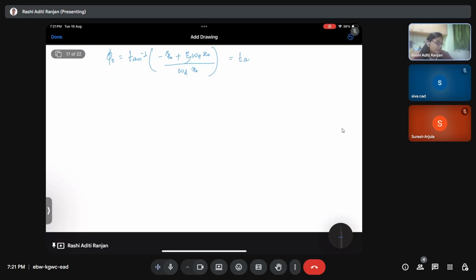This can be written as tan inverse of minus 0.05 into 20 by 19.975. So we get it as minus 2.865984 degrees. Okay, I hope this is clear.